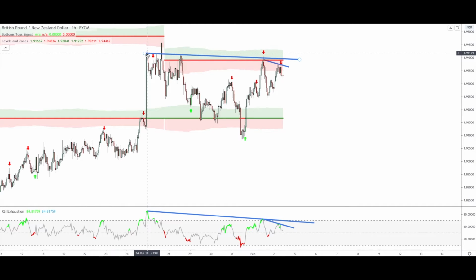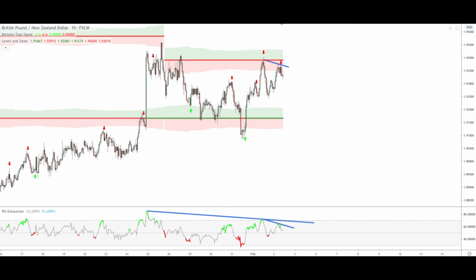But we have the price which is moving and continuing to test this resistance level up here, and this is the key that I'm about to talk about in a second, and the RSI which is going down. So why, even if we don't have a strong divergence, do I decide to take this trade? Well, because of this resistance up here. This major resistance is pushing the price lower, okay?